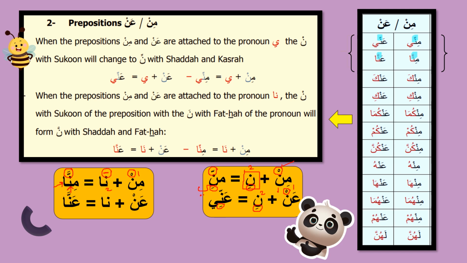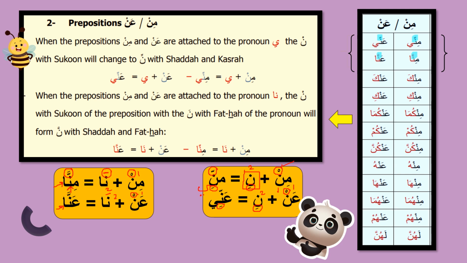And here also the first noon came with the sukoon, the second noon came with the fatha. And why fatha? Because of the long vowel alif. So it became anna, noon shadda and fatha. So I hope it's clear.